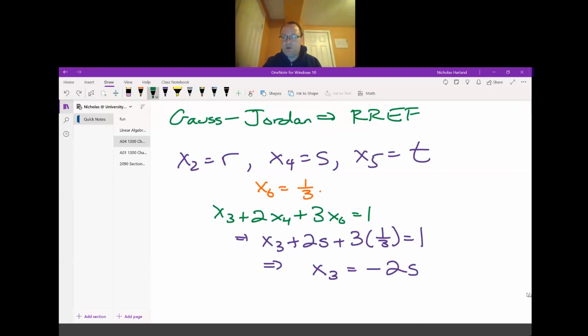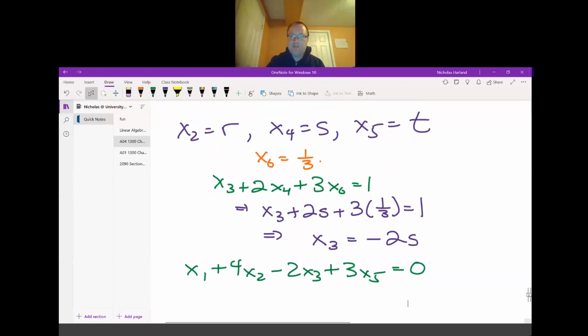All right, so what does row 1 say? x1 plus 4x2 minus 2x3 plus 3x5 is equal to 0. And we're going to do the same thing. We know x5, it's right up here. We know x3, we just figured that out. We know x2, it's up here, and we can use it all to solve for x1.